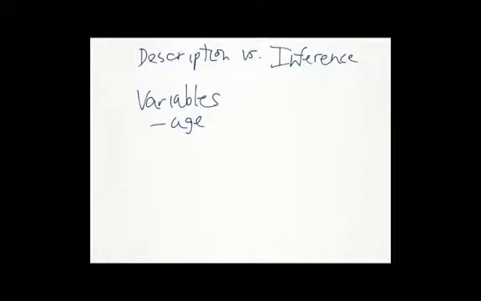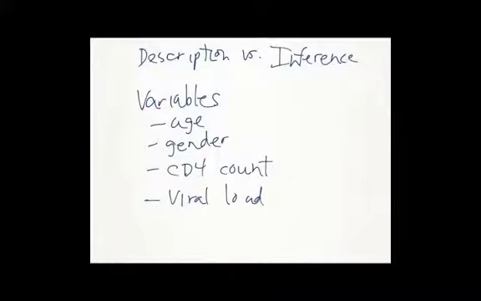So they'll collect someone's age, their gender, their CD4 count, which is a measure of their immunological status, their viral load, and maybe something like their time to failure of first-line antiretroviral therapy, ART. Okay, so these are some of the examples of variables we might be interested in collecting.